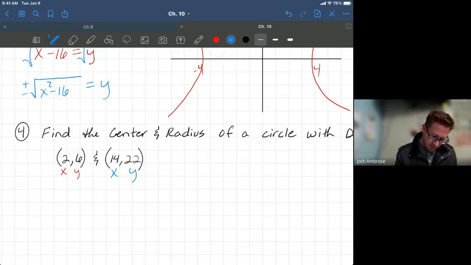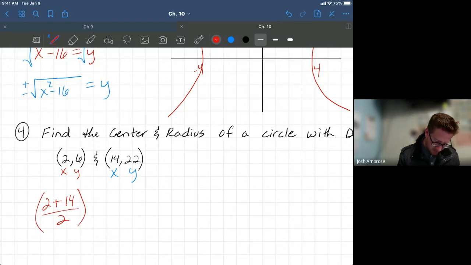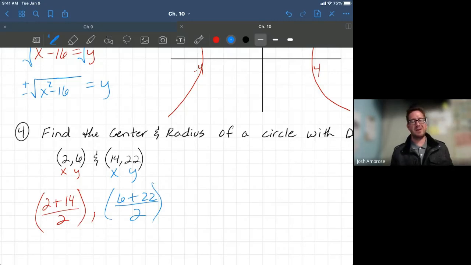So for the midpoint, we have to utilize both x values: 2 plus 14 divided by 2. That's going to give us our x value. Then a comma, and then our y values: 6 plus 22, divided by 2. Basically, if you didn't figure it out, you're calculating a little miniature average. So that's going to get you to that middle point.